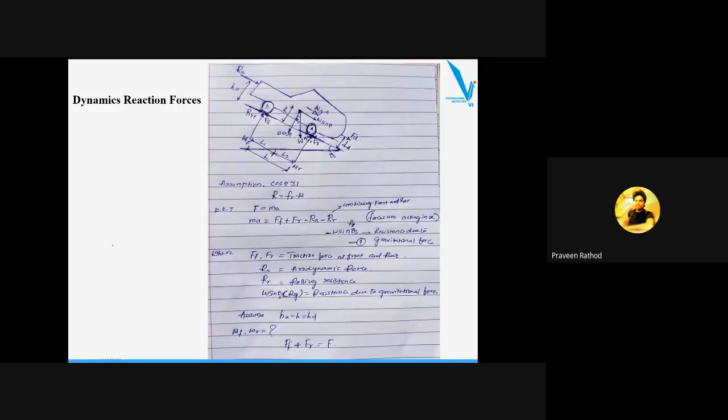Okay, suppose I have written W by G into A on the left hand side, and FF plus FR, so these are the two terms, FF and FR. I'll write it as F, and RA minus RR minus W sin theta.